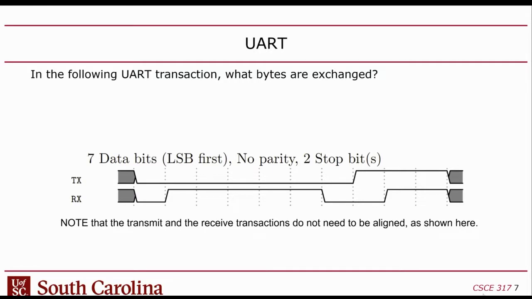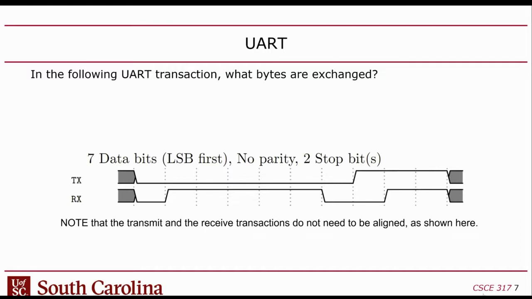But one thing I want to mention here is that when you look at this, keep in mind that UART doesn't require the transmit and the receive channel to be operating in lockstep. They don't have to be synchronized. When you send a transmission on TX, you don't have to also have a transmission going on the RX side at the same time. In fact, most times you don't. Usually only one pin is active at a time. Technically, it's full duplex.